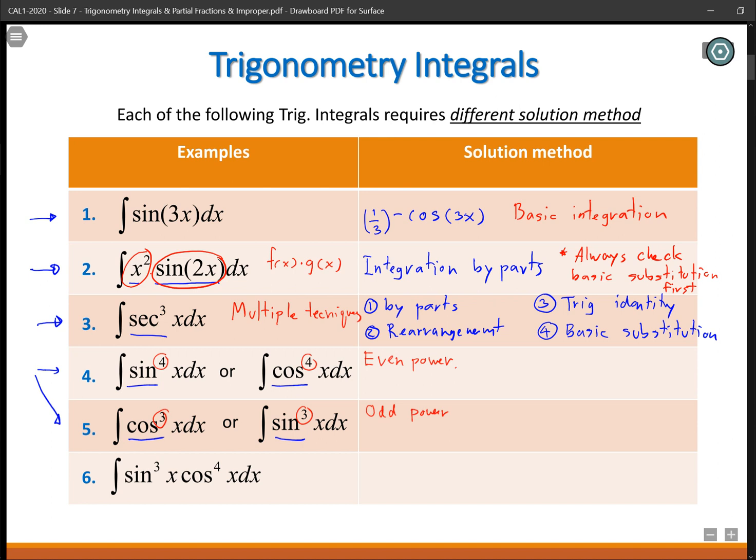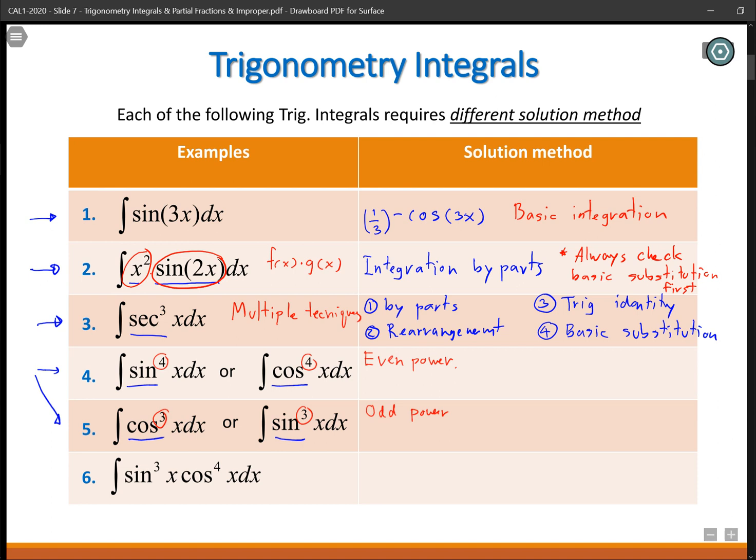I just want you to keep in mind that when it comes to integration of trigonometry functions, the property of the power plays a very important role. By being even and odd, it makes you having to use different technique in order to find a solution.